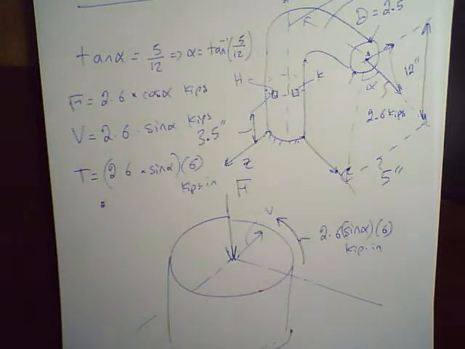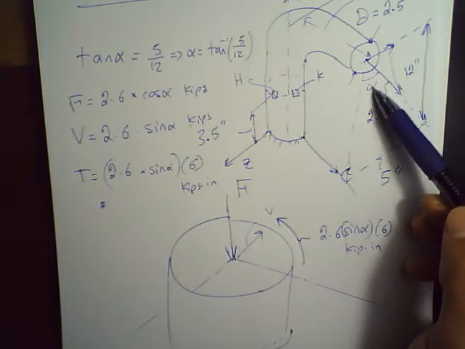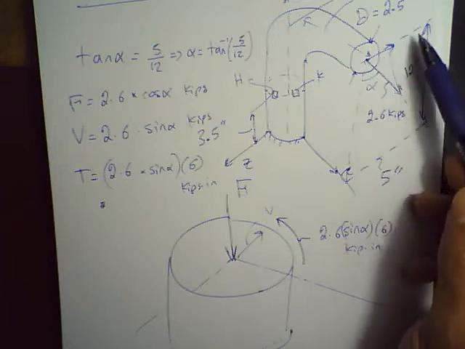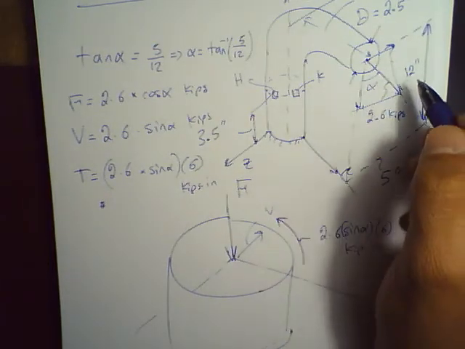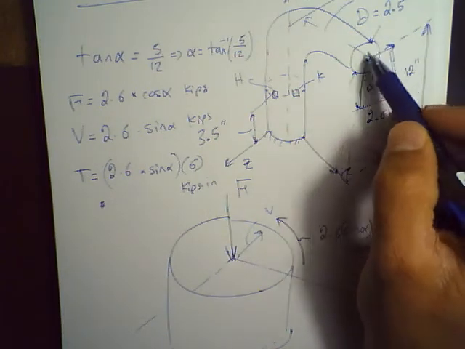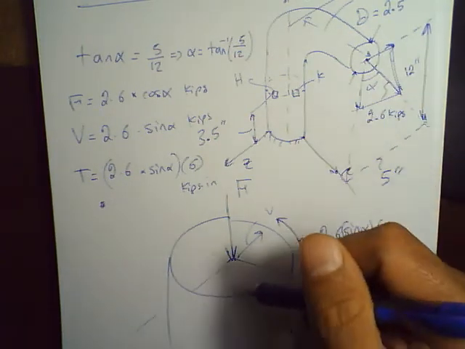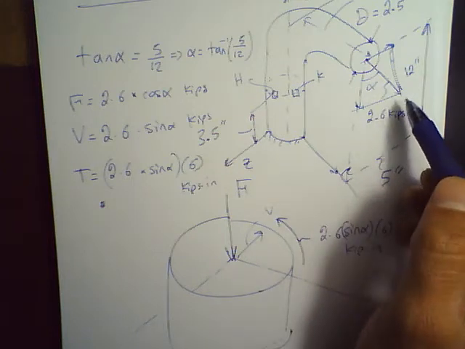So we've calculated the component of that force along this direction and then along the shear, and we calculated the torque and the normal force, and then we still have the bending moment, right?